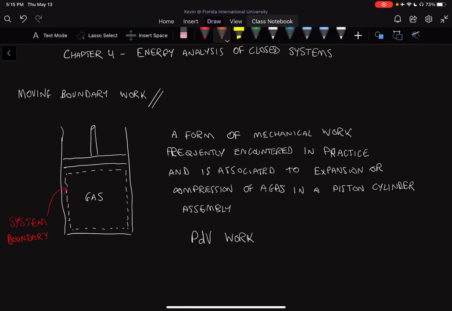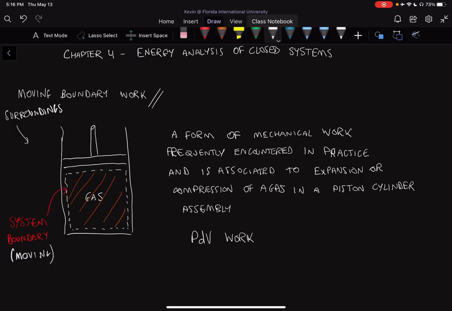The system is inside this boundary, and outside this boundary would be the surroundings. So anything outside would be called the surroundings, in our convention that we discussed earlier on in the class. And the PDV work is associated with the movement of this system boundary. So this system boundary can move.